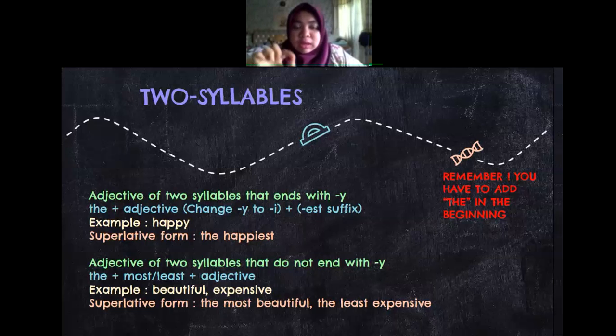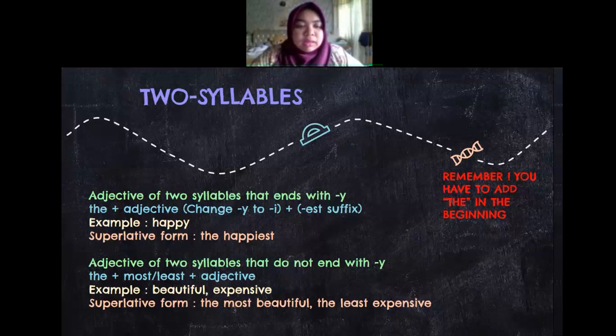Can you see the alphabet y at the end of happy? You have to change it into i before adding the suffix "est". As you can see here, happy, change y to i and then add the suffix "est" and it will become happiest. So the superlative form for happy is "the happiest".